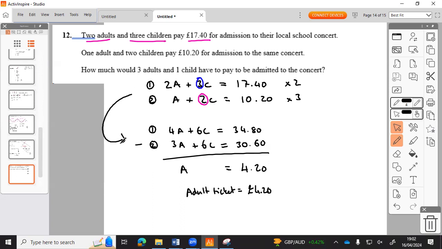So I'm taking that and I'm substituting a equals 4.20 into our original equation, so it could be 1 or 2. Okay, so substitute into 1. I'll just do that across the page.